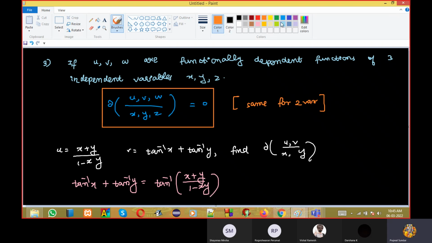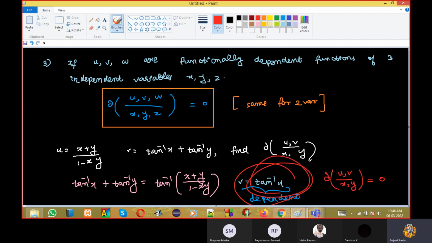So v will be tan inverse of u. So they are dependent, right? Because they are dependent, I can say directly this will be 0. Even if you sit and solve, you will get 0 only. Try that and see if you want. Do you understand the meaning of functional dependence? Some relation is there between the functions. Having such relations between the functions, the Jacobian value will definitely be 0.